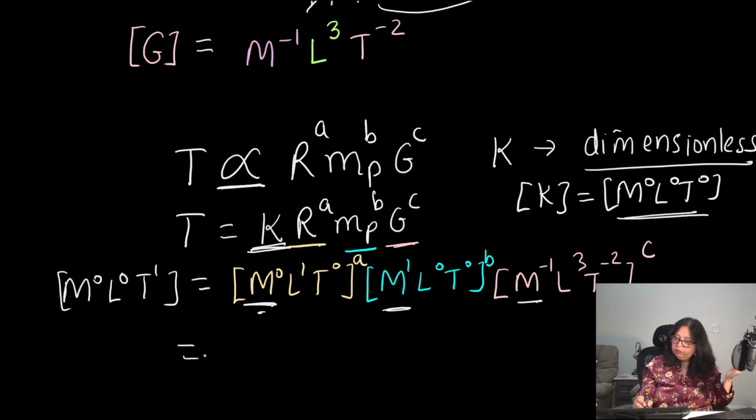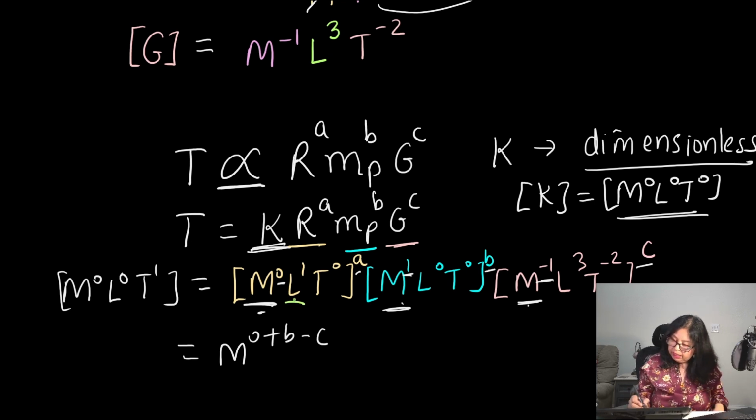So M to the power 0, M to the power 1, M to the power minus 1. M to the power 0 times A is 0. M to the power 1 times B is B. M to the power minus 1 times C is minus C. Very well. L to the power 1 times A is A. L to the power 0 times B is 0.